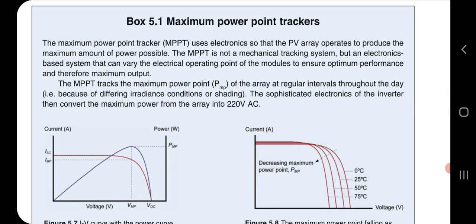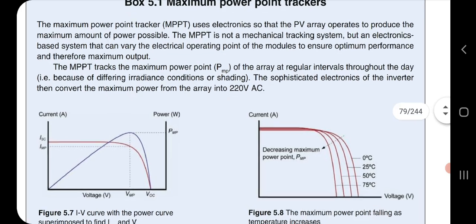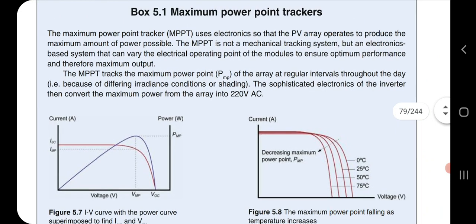It is the maximum power which can be obtained at a particular point. The PMP shown is the maximum power point they are taking. There are many points on the graph, and based upon the requirement, the MPPT is considered.